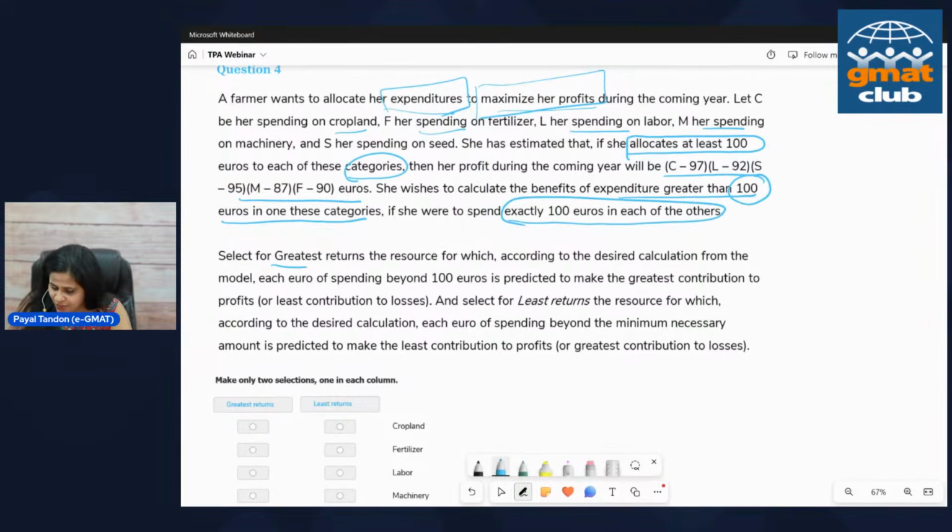So select for greatest returns the resource for which, according to the desired calculation, each euro beyond 100 euros is predicted to make the greatest contribution to the profit. This each euro is actually giving you a hint of how to use this information. So essentially this is a maximization problem and a minimization problem. And what are you maximizing, what are you minimizing?